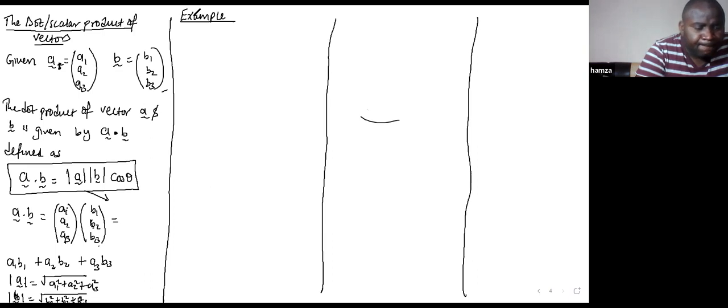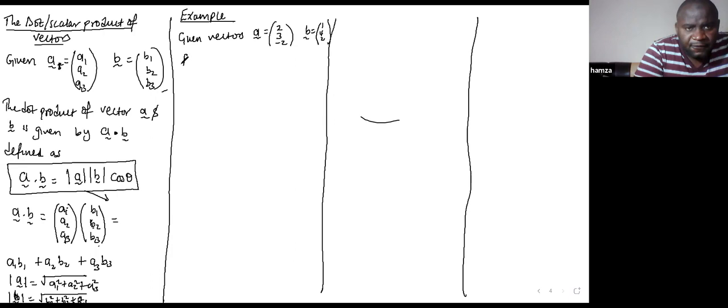Given vectors A, where A is 2, 3, -2, and B is given by 1, 4, 2, find the angle between these vectors.